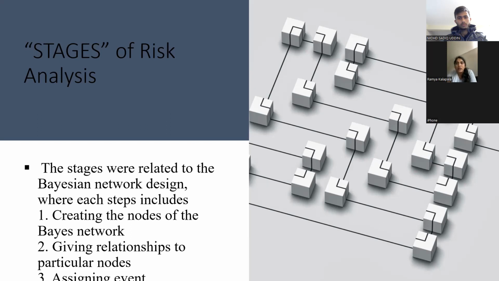At first, create the nodes by considering the model's operations, then give the relationships to the nodes based on the operations that were performed, and then calculate the probability of each node by using the formula. We are going to see it in the next slide. Then perform the calculations, which bring the conditional probabilities of the 2 events, conditioning with events or with the others. And these 4 steps should be performed.